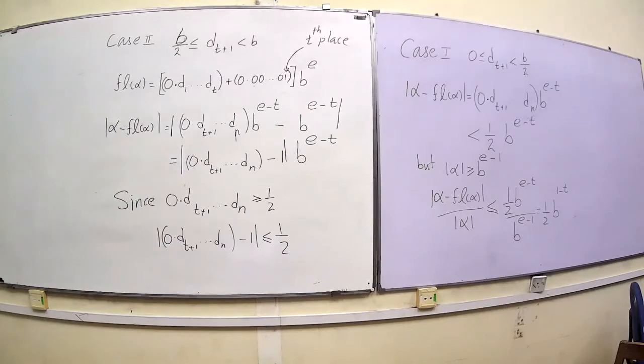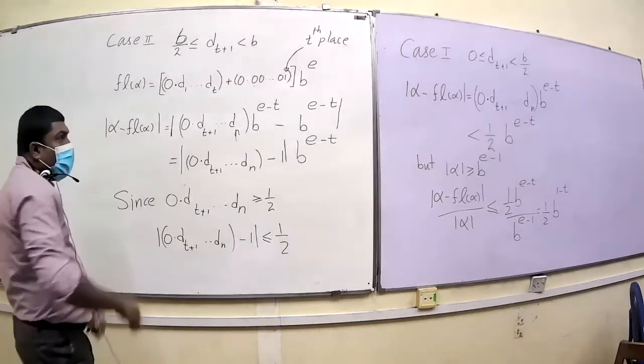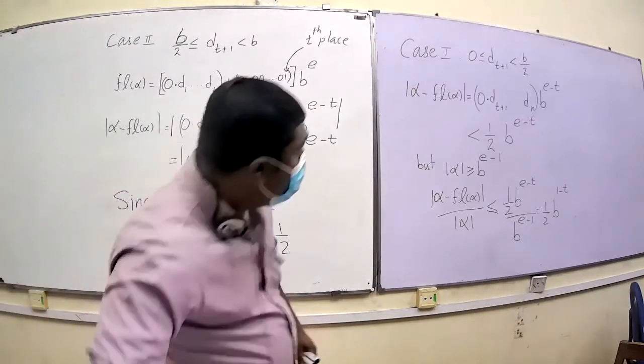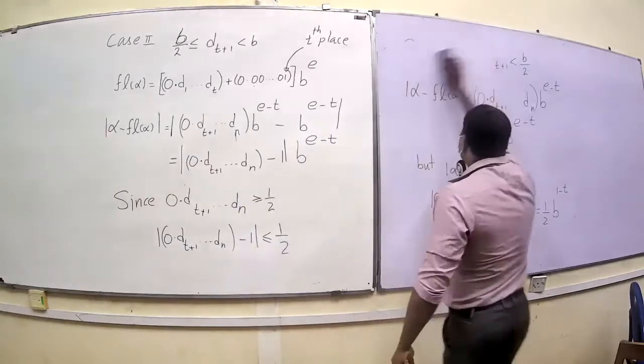Because minus 1 plus 0.5 or 0.52 or 0.6 or 0.8 or whatever, right? So that number is obviously less than half. So then clearly what you have is this.